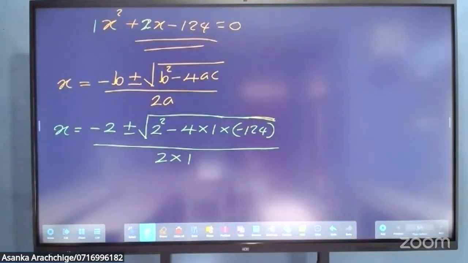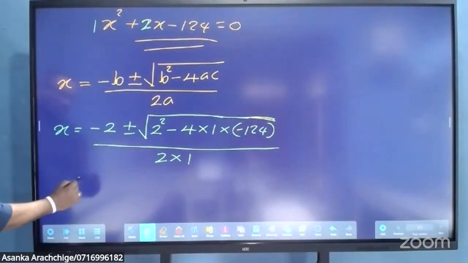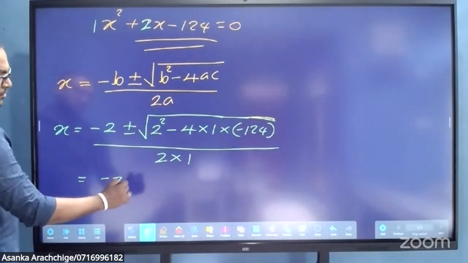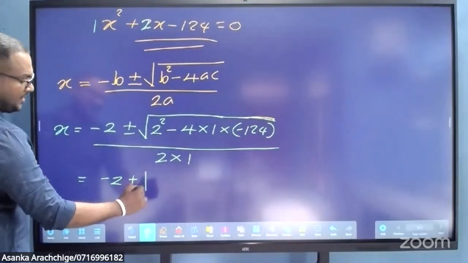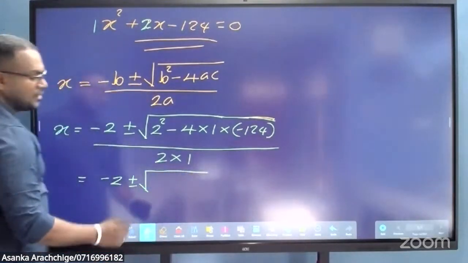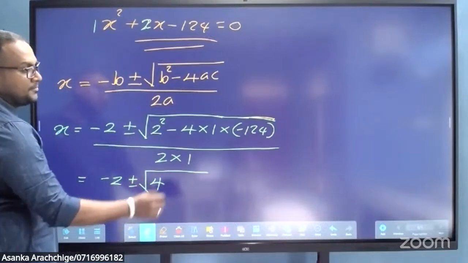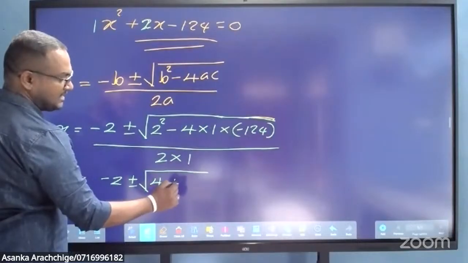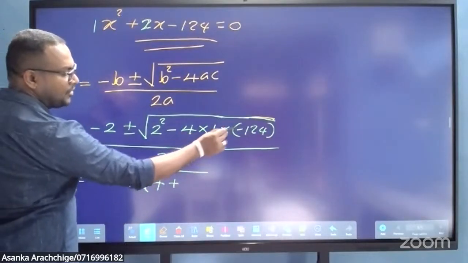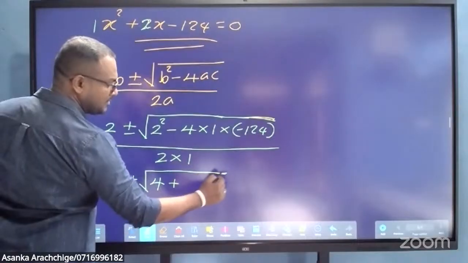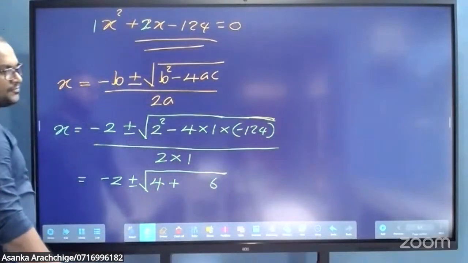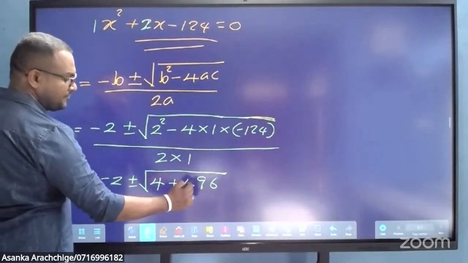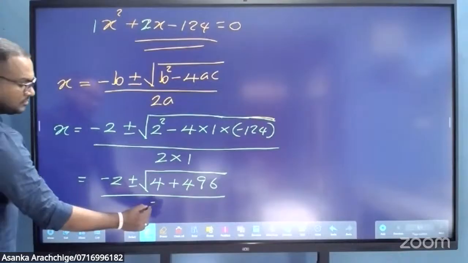Clear? Now, let's simplify. Minus 2 plus or minus square root of 2 squared, 4, plus 4 times 1 times 124, upon 2.